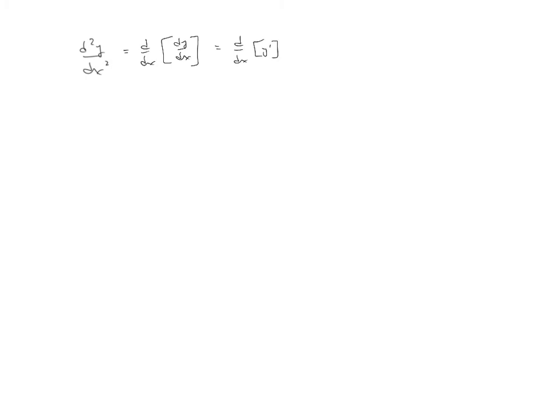All things we've discussed in Calc 1. Now, this is of course also going to be the same thing as dy prime/dx, and having to treat things separately because we have two functions now, x and y, both with respect to the parameter t, this is going to be dy prime/dt divided by dx/dt.